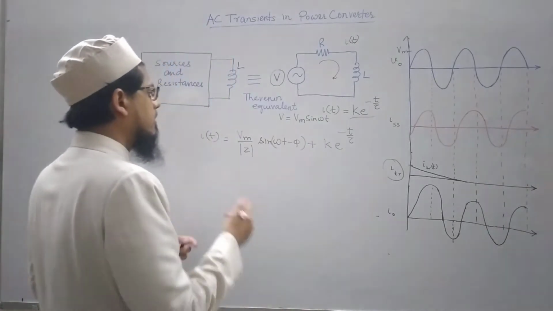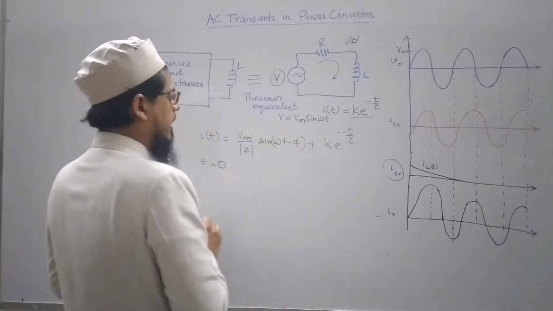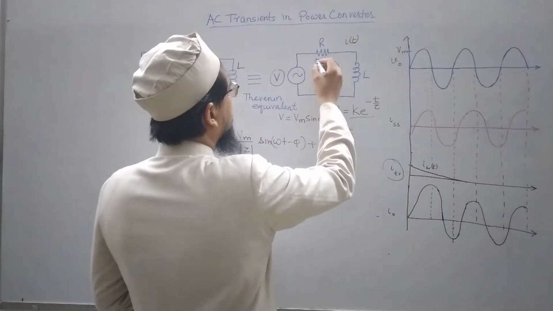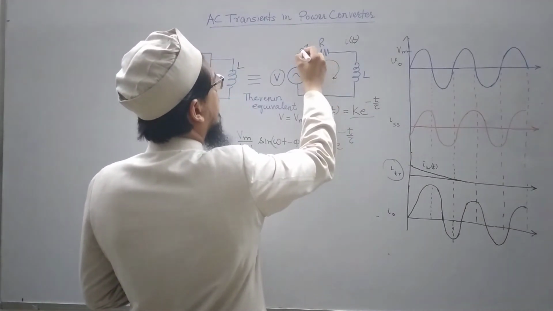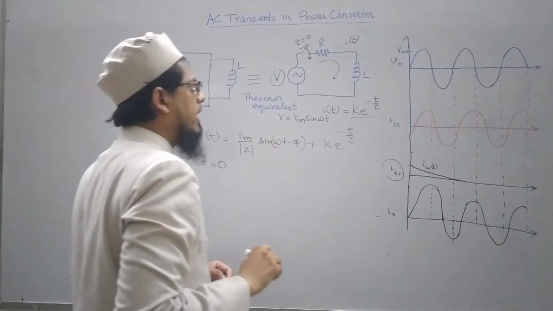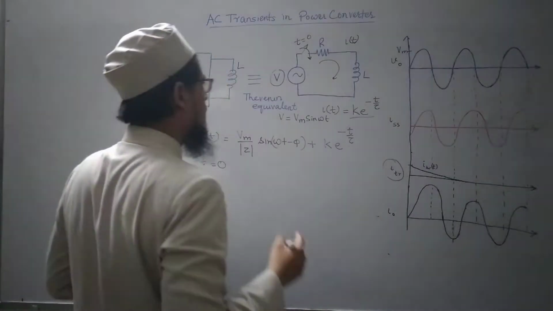So at time t equals 0, you could see here that, say for example there would have been a switch here, and at t equals 0 it is closed, then at that instant the current that would be flowing in the circuit would be equal to 0.